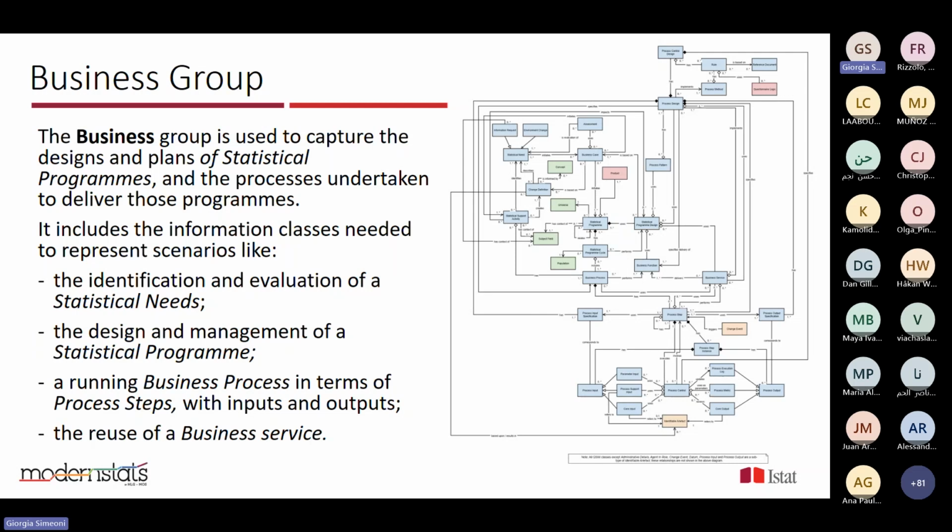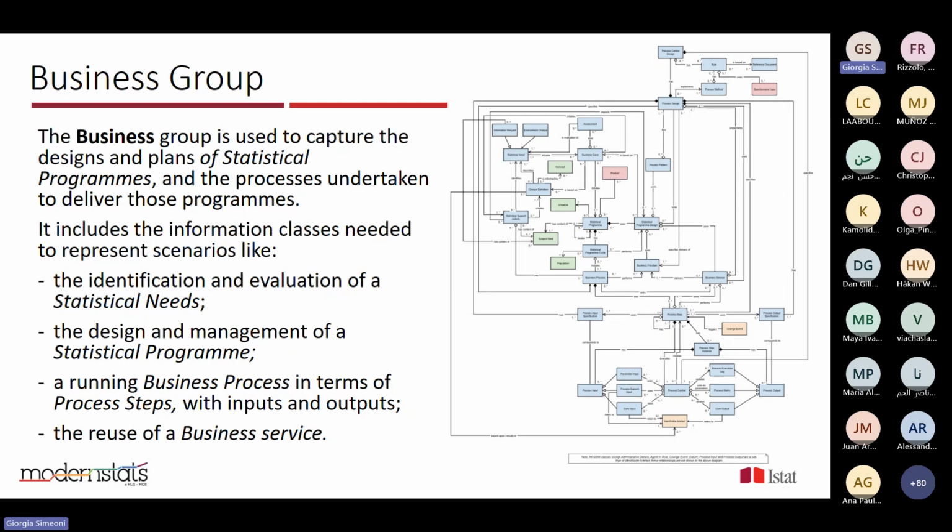In particular, from the identification and evaluation of statistical needs and to the definition of a statistical program to answer to the statistical need, then the design and management of the statistical program, and the description on how a business process runs in terms of steps, inputs and outputs, and also the reuse of business service. But these are only some of the scenarios that you can represent with the business group.